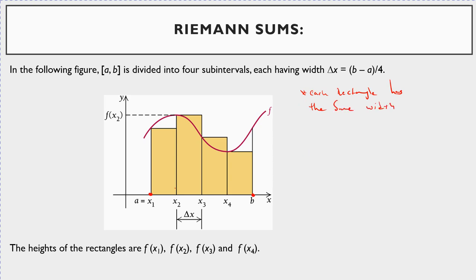And all you would do to find the width of the rectangle is take b minus a and then divide it by however many rectangles you wanted. So here we have 4 rectangles, but it can actually be any number.